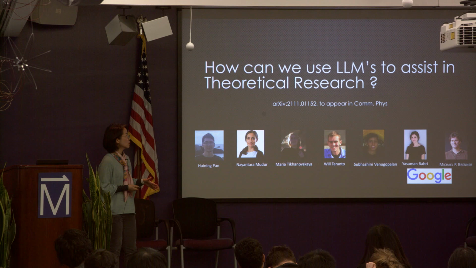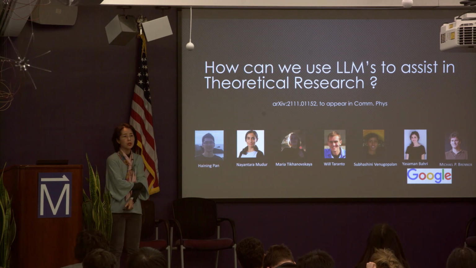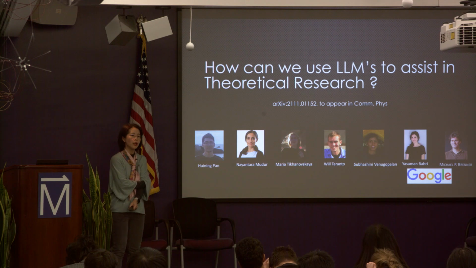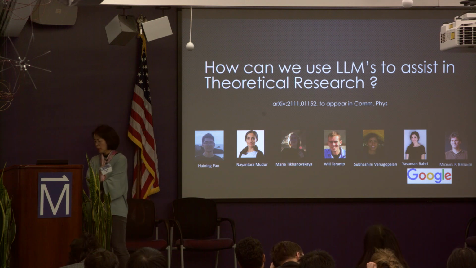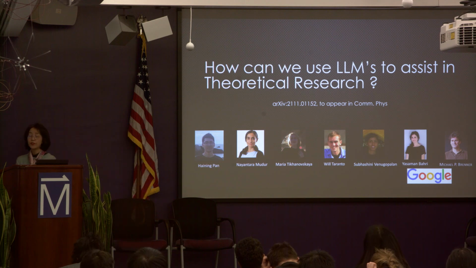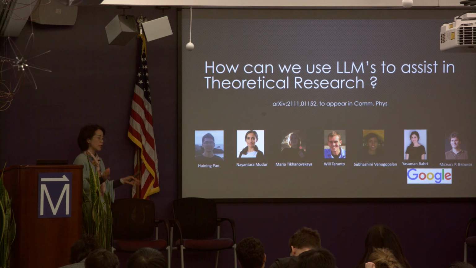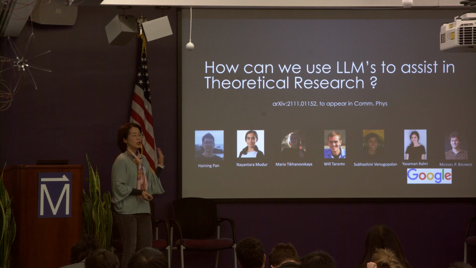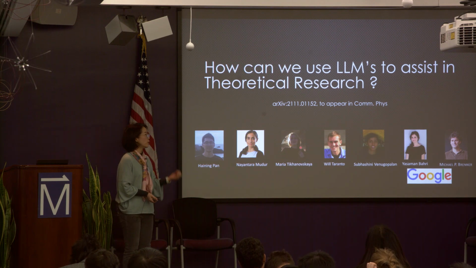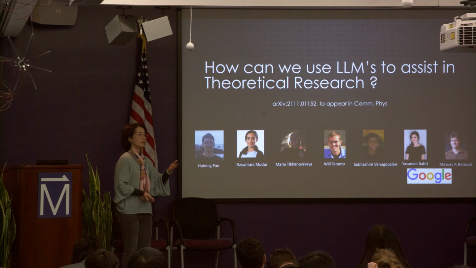Now, in the second part of the talk, I want to talk about using large language models, or the tools that are driven with large language models as the engine. Large language models is a collective way of describing ChatGPT, Gemini, Perplexity, all of those.